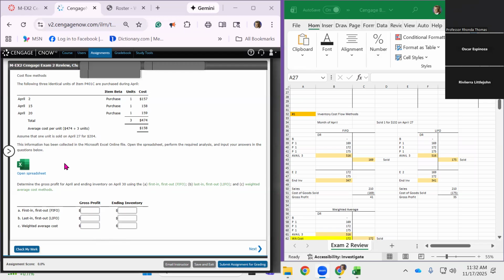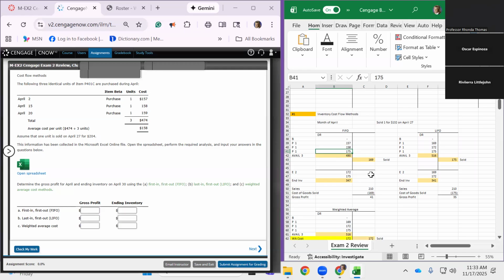They actually calculated the weighted average for us. So here's how it's going to look. I'll do first in, first out. They didn't have any to begin with. So if you look at the little T account here, let me put these amounts in. Our first purchase was 157.